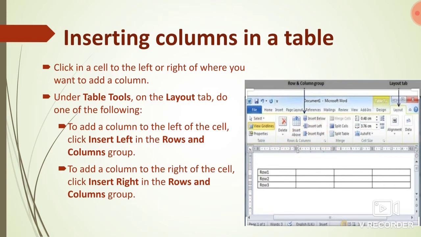Again I am telling you, first select the cell to the left or right where you want to add a column, then under the table tool on the layout tab, in the row and column group, select insert left or right according to your requirement. Then that particular column will be inserted to the left or right of the selected cell.